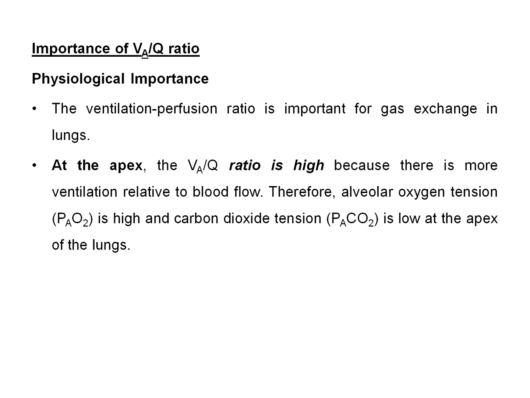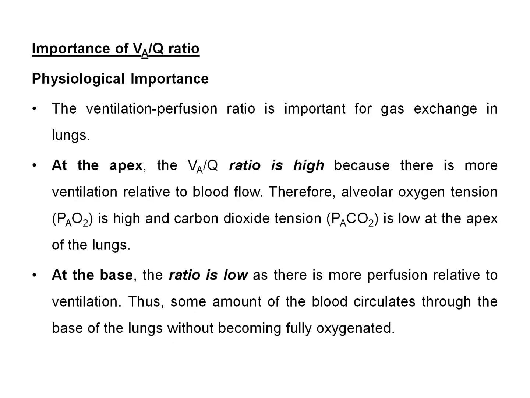Therefore, the alveolar oxygen tension is high and carbon dioxide tension is low at the apex of the lungs. At the base, the ratio is low as there is more perfusion than ventilation. So some amount of the blood circulates through the base of the lungs without becoming fully oxygenated.